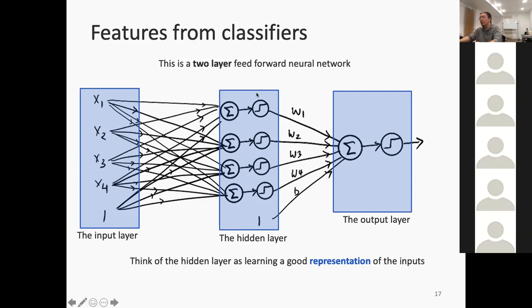So we can view the values associated with the nodes on the hidden layer as some kind of representation of the inputs, or some kind of transformation of the original features, right? So you can say the first set of nodes in the hidden layer are actually one kind of linear combination and thresholding of the original features, right?